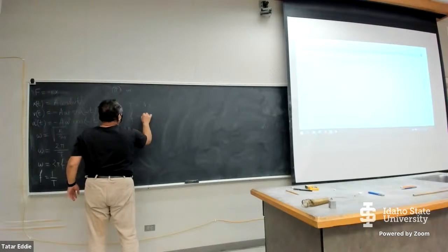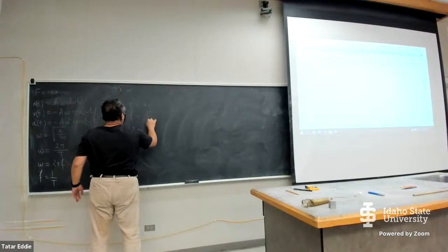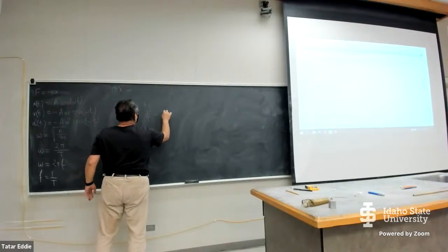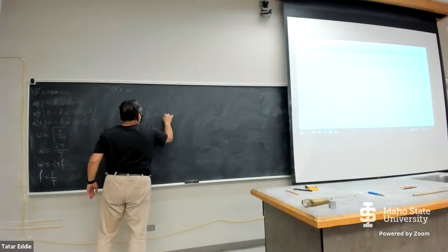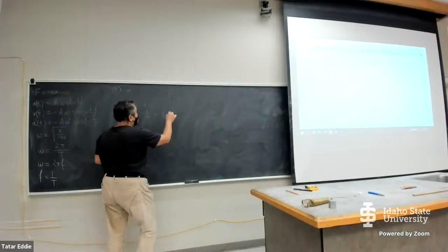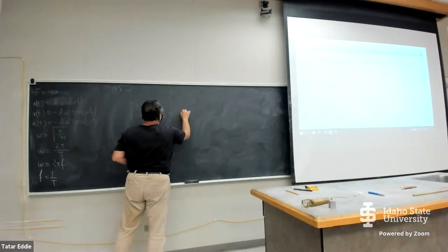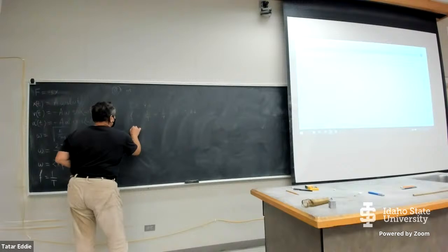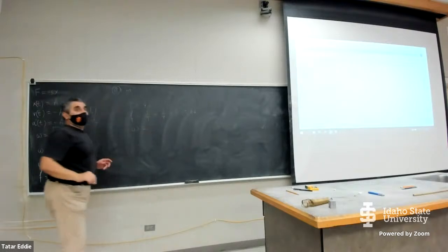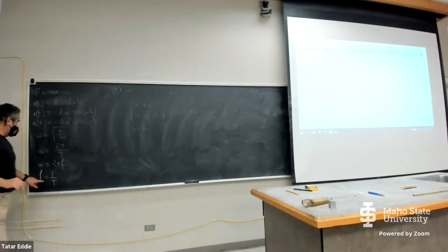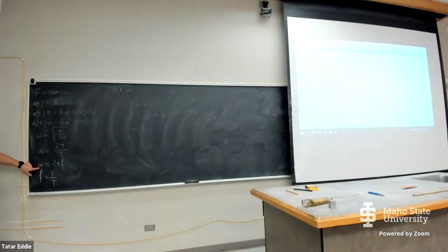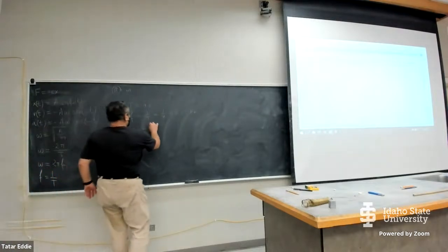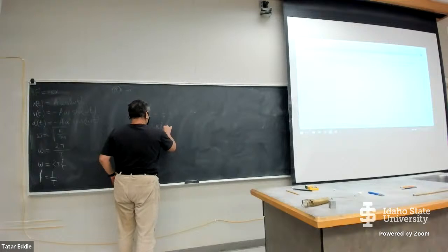Therefore, the frequency is 1 divided by period. It is 1 divided by 4 seconds, or hertz, which is 0.25 hertz. And angular frequency omega is 2 pi times the frequency.